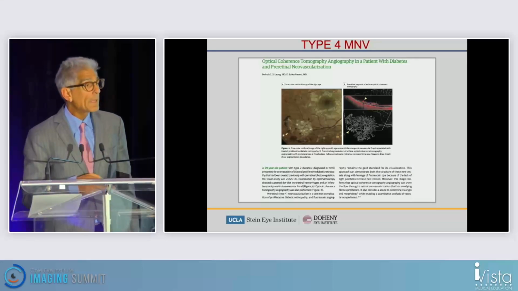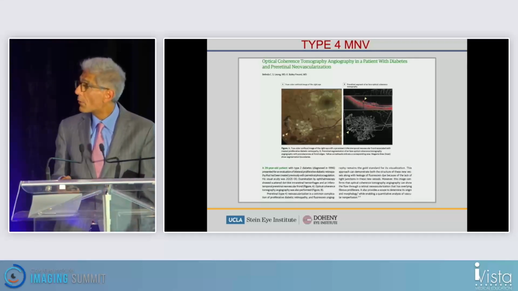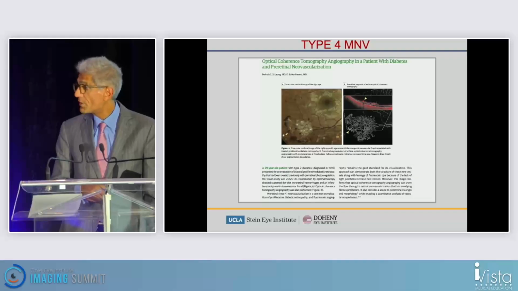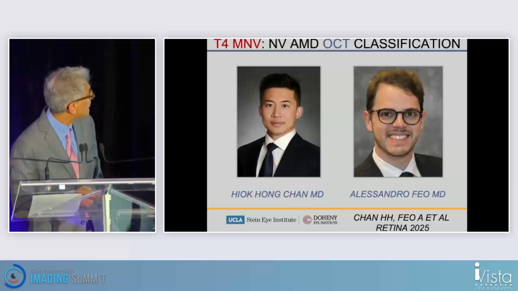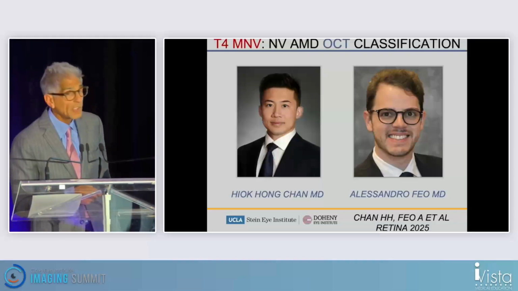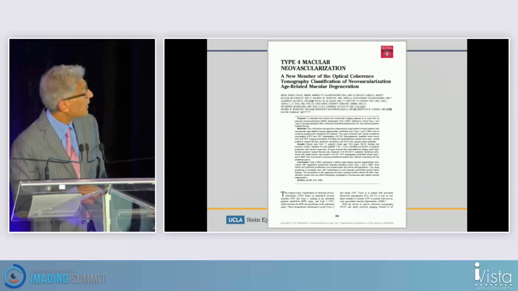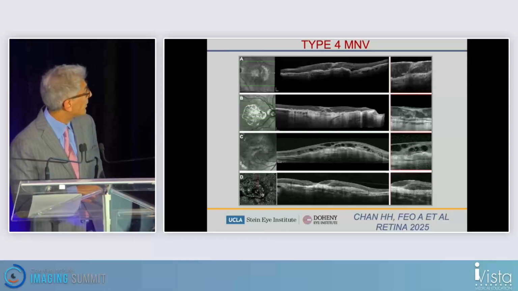And it was this paper that we used to characterize what I'm now going to talk to you about, type 4 neovascularization in AMD. And I want to thank Hyok and Alessandro. They were the first two authors that really drove this study forward and were able to complete the study with publication in Retina just a few months ago.